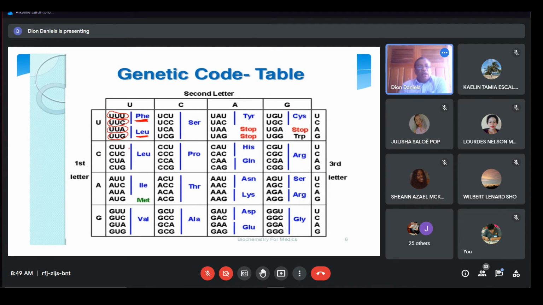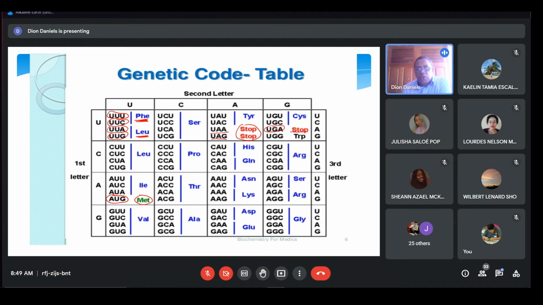We mentioned the start codon, which is AUG. This codes for this amino acid, methionine, that is usually used as the start codon. And then we also mentioned the three stop codons that we see up here: UAA, UAG, and UGA.